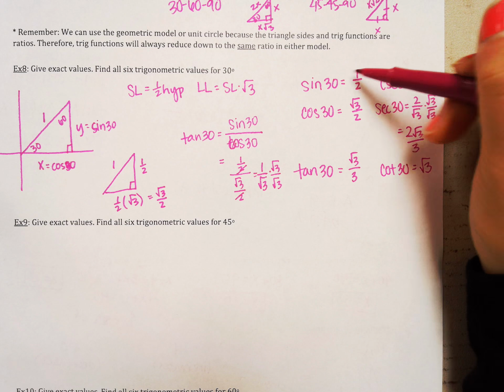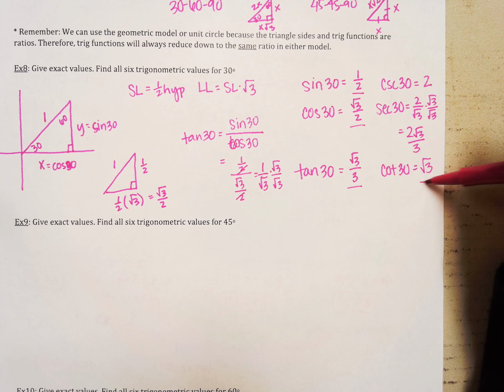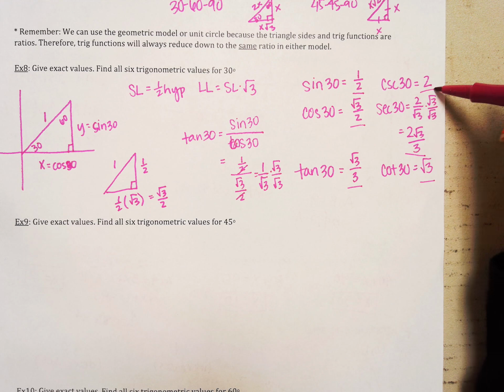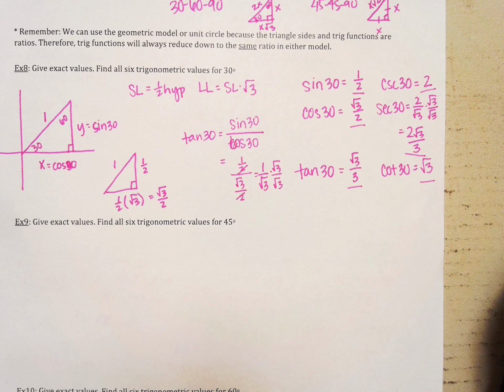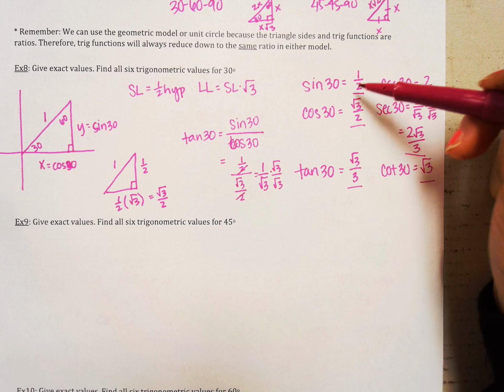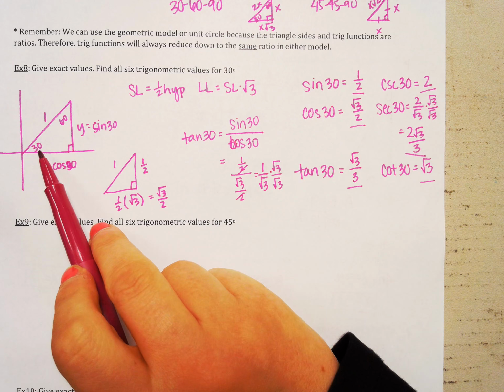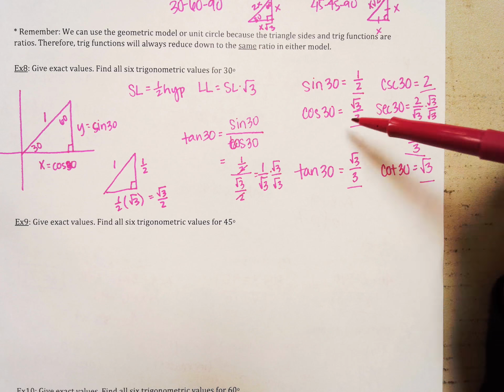These numbers, 1/2, √3 over 2, √3 over 3, √3, 2 √3 over 3, and 2 come up in every single 30, 60, 90 triangle that you draw on your unit circle. What changes is the sign, whether this is positive or negative, and it also changes because of the cofunction identity depending on our reference angle. If this were 60 degrees, then all these things would flip.